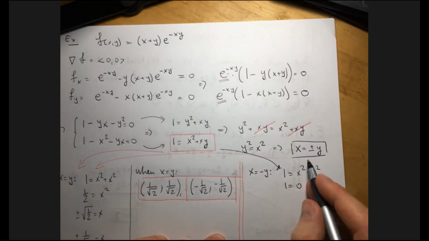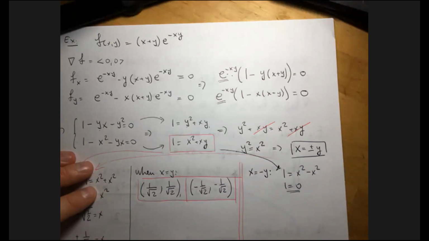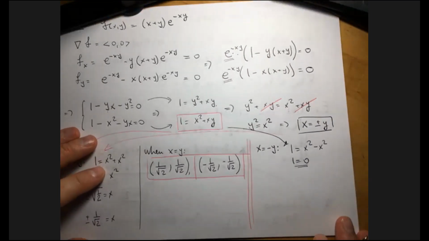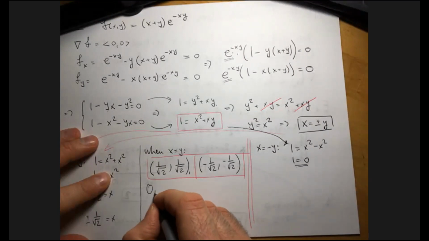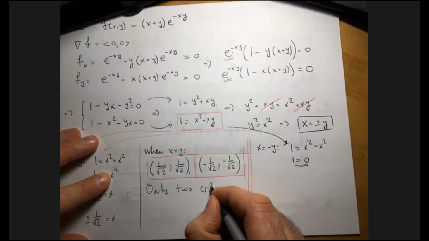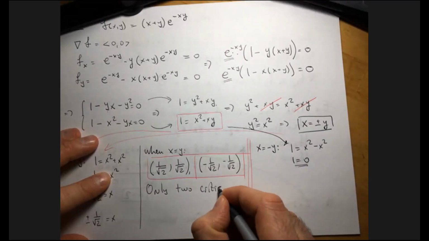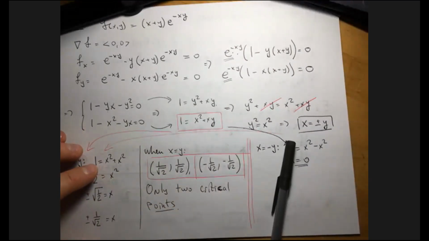This doesn't result in any critical points because this doesn't make any sense. Okay? So in this problem, in the second example, we have only two critical points. Any questions?